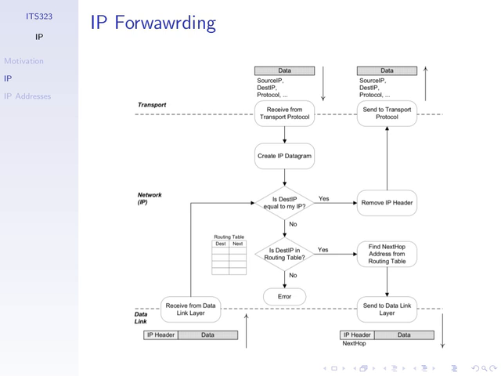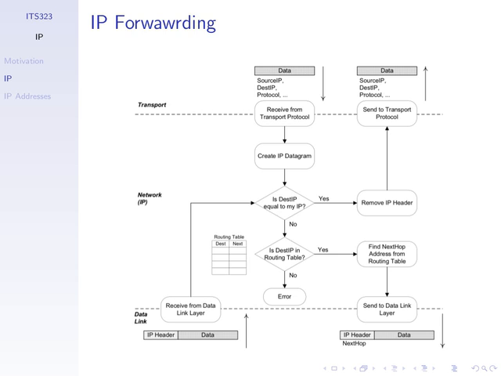Destination 11 is not on subnet A, it doesn't match this row, but this matches any other destination. So we have destination 11, we look in the routing table, and it tells us to reach destination 11, send to R1. So we find the next node, the next hop to reach the destination.